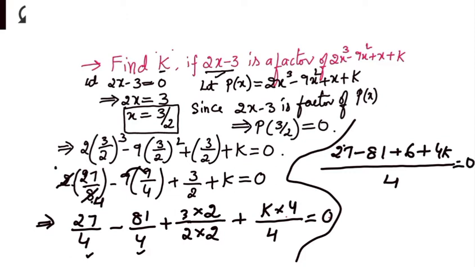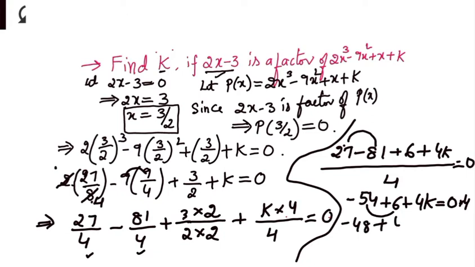So this 4, by cross multiplication we get 0 into 4 is 0, and 27 minus 81 we get minus 54, and plus 6 plus 4k is equal to 0 into 4. Then minus 54 plus 6 becomes minus 48. Minus 48 plus 4k is equal to 0.